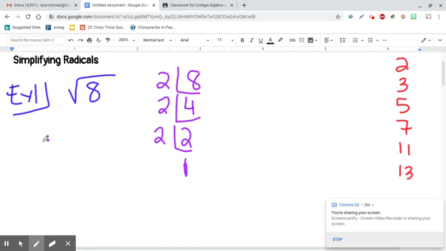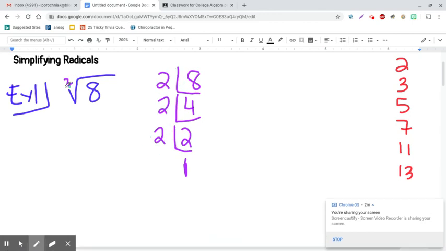Now, technically, there's an invisible 2 right there, because usually when you ask for the square root of something, you're asking what two numbers that are the same number multiply to get that number. So what we're trying to do is look for pairs. We want to find two of the same number. When we factored this, we took out a 2, and a 2.